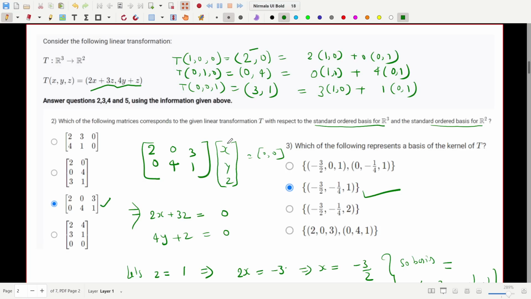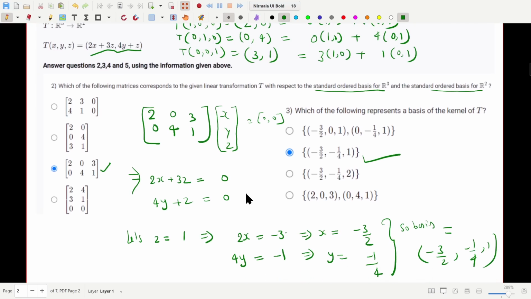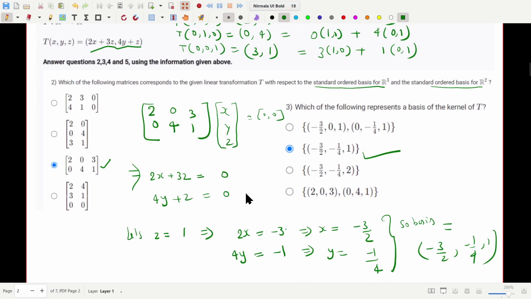After that, the third question asks which of the following represents the basis of the kernel of T. For the kernel of T, we have to get the null space. So for the null space, what you have to do? We have to do the row echelon form.